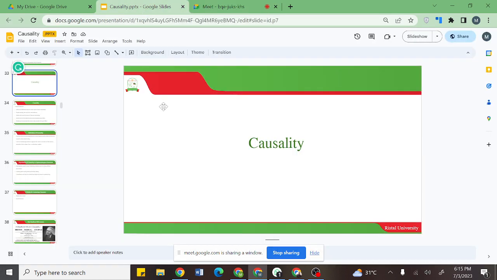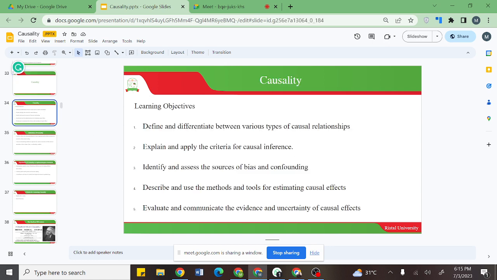So we are saying that we are going to talk about causality. In this presentation, we should be able to know what causality is and how different factors can cause or contribute to diseases. And then how do we determine that certain factors can cause or contribute to diseases.